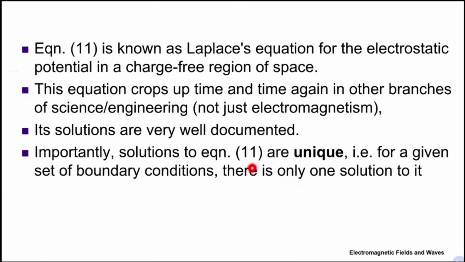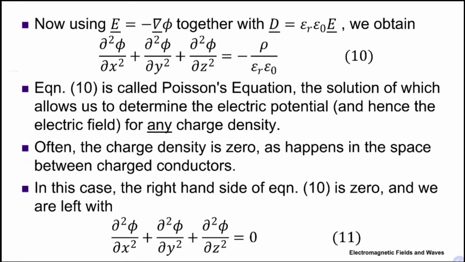Equation 11 has a unique solution, and therefore if you know the boundary of the problem you're solving, it has a unique solution, which means that you only have one solution. That is important, because knowing the boundary condition, you can solve to find out the potential of a certain surface.